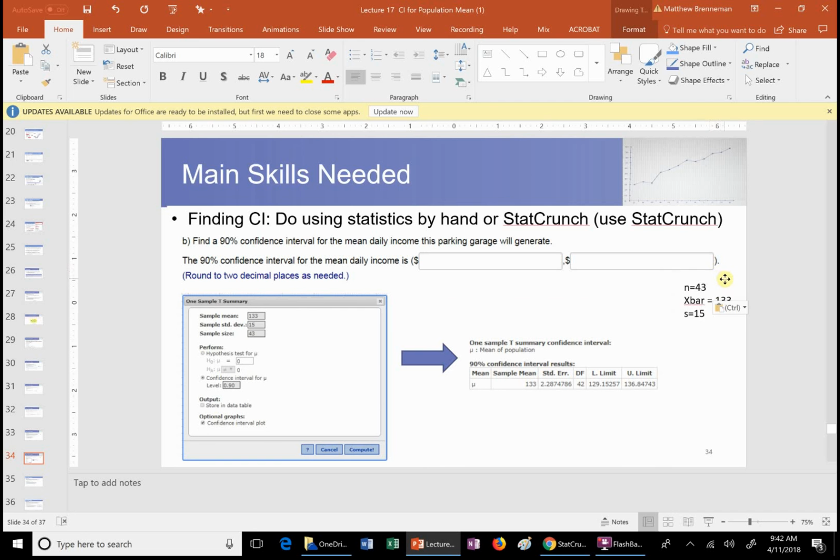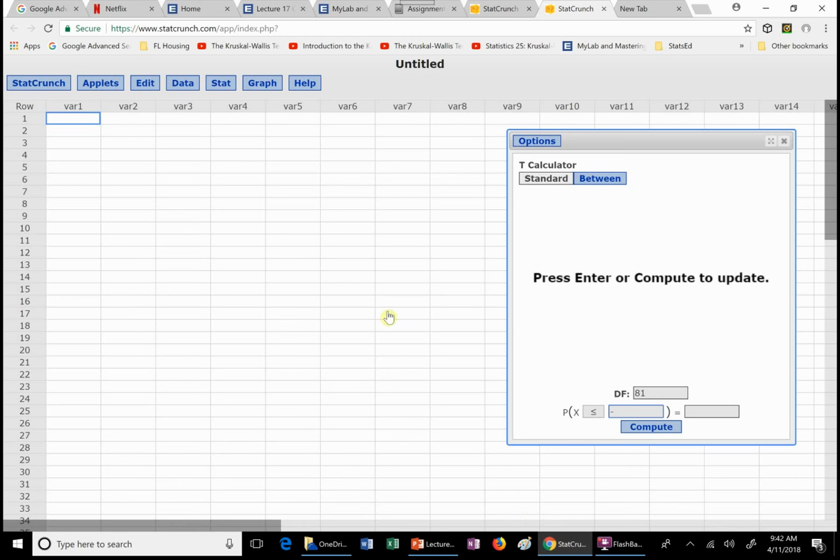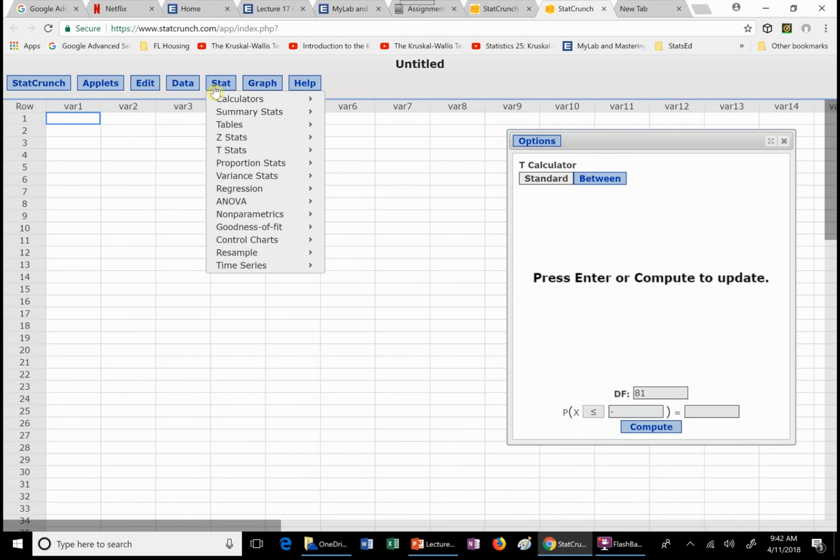So notice we can go to StatCrunch now, and we can use what's called a data summary. I'm going to go to Stat, T stat, one sample, and notice I have my choice. In class we did data. We used the 6 salaries, and we did it using the data. But here I have a summary of the data.